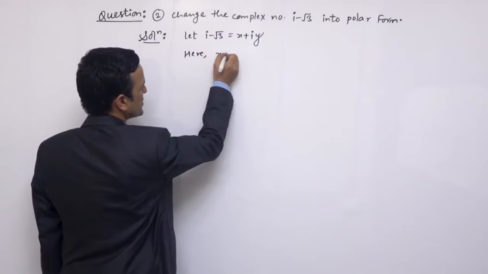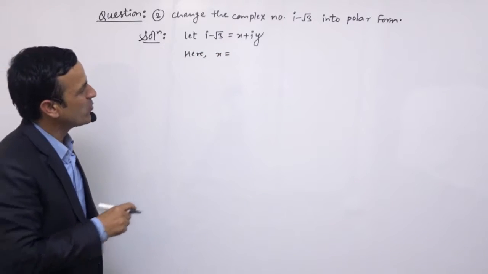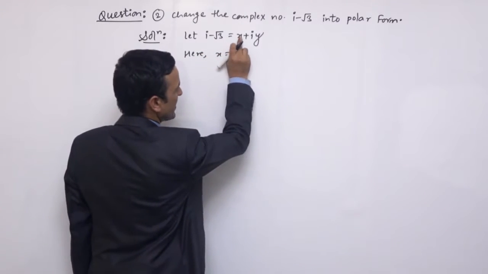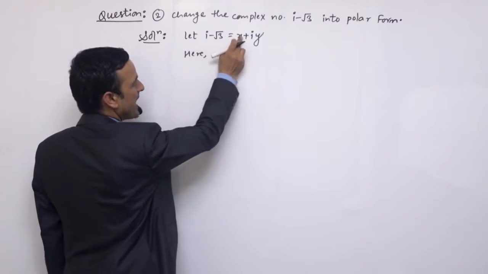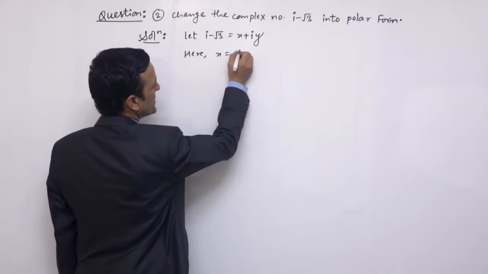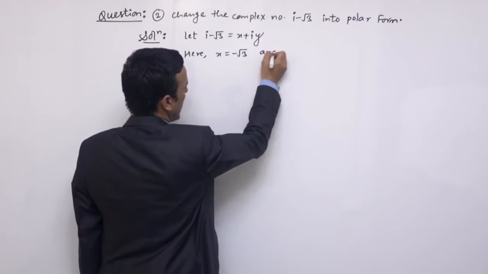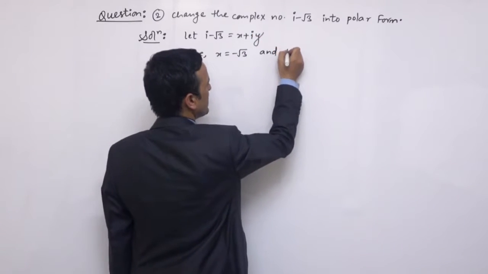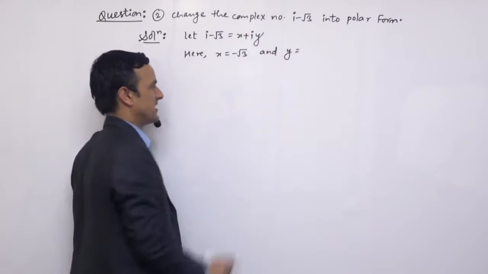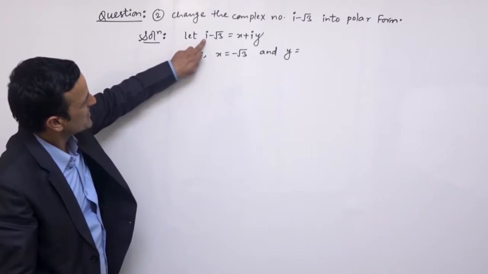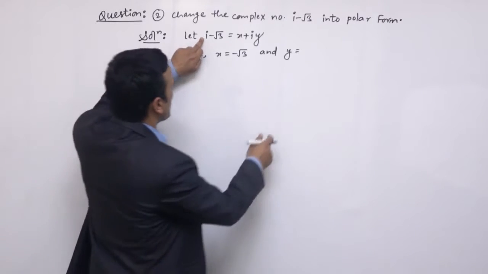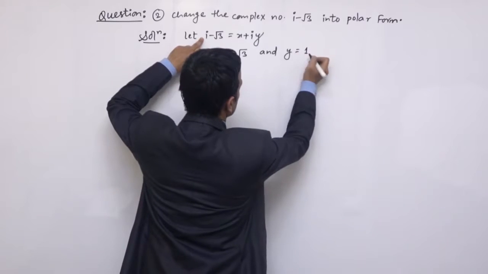Here x is equal to what? Value of x is, this is real number and this is real part. So write down minus √3, and this is imaginary part because i is here. So the coefficient of i is 1.